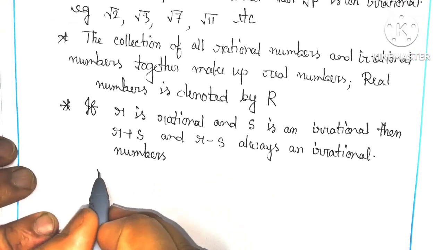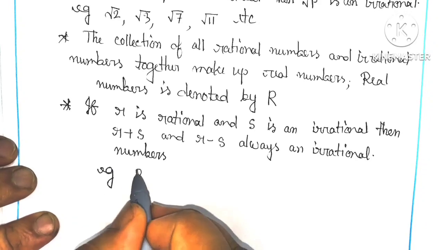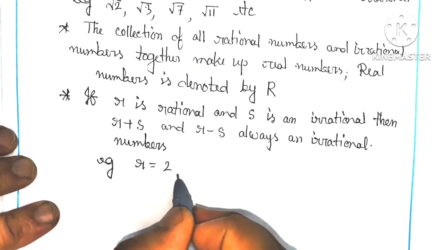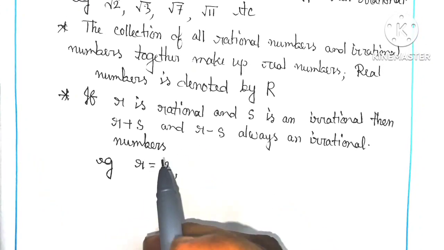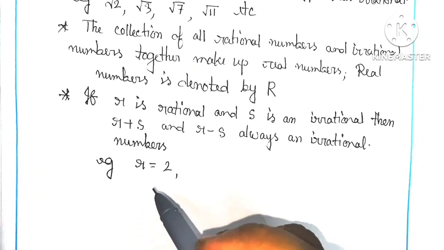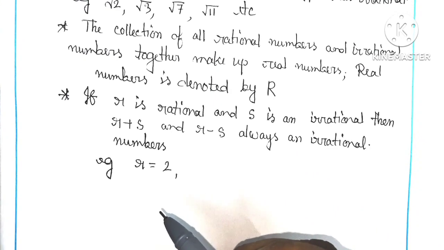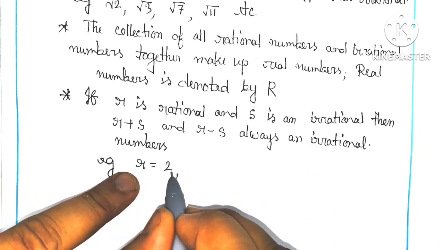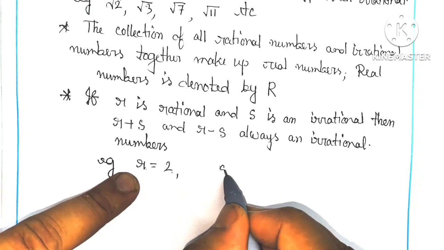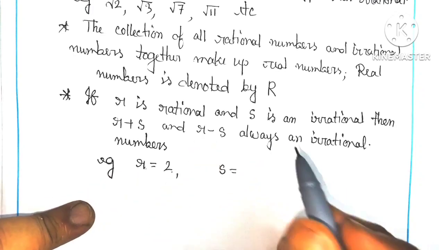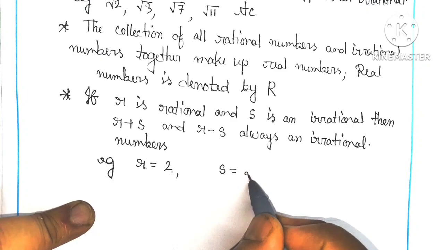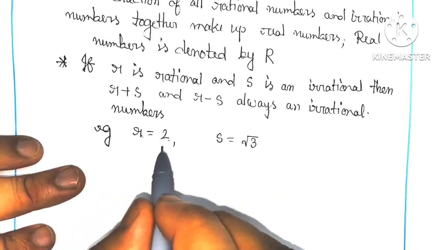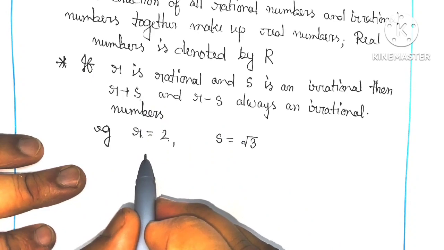For example, suppose R is a rational number, such as 2, 3, 4, 5, etc. A rational number can be written in P by Q form, and an irrational number cannot. So R equals 2 and S is an irrational number, say root 3. Their sum and difference are always irrational.